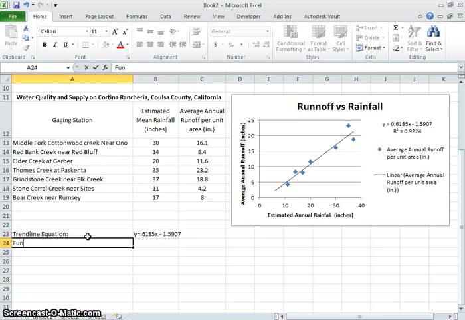Function notation: they ask you to use R of W, and you're going to put in R of W in place of y and 0.6185 W in place of x.